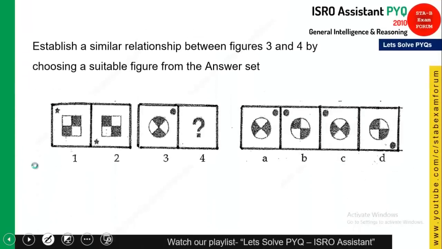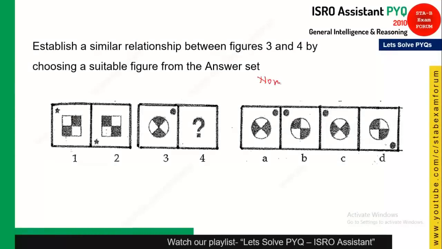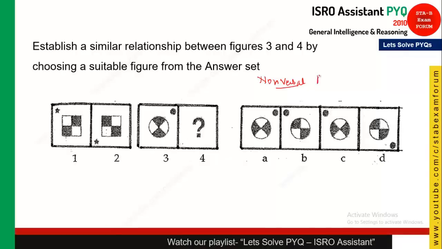Let's see the next question. It is again from the non-verbal category, a very easy one. This is from the analogy, not from the series. Analogy means there is a certain relationship between these two figures, and you need to find the same relationship with these two figures.